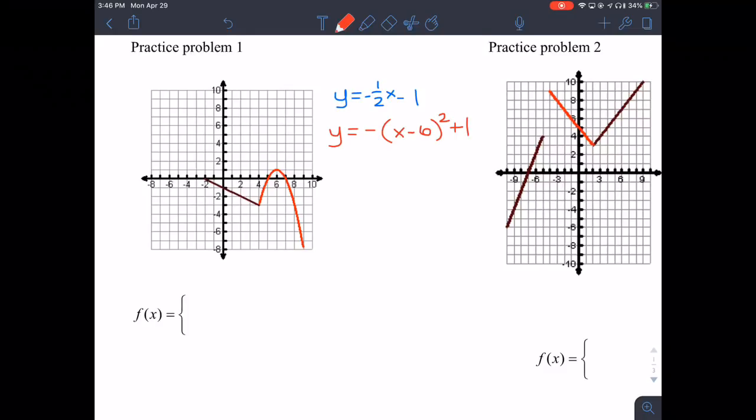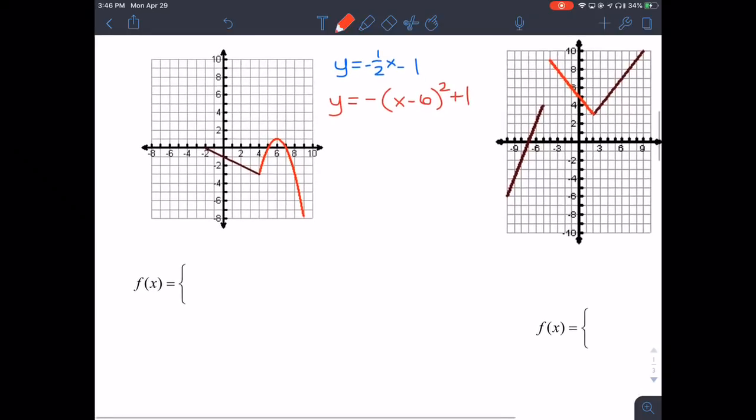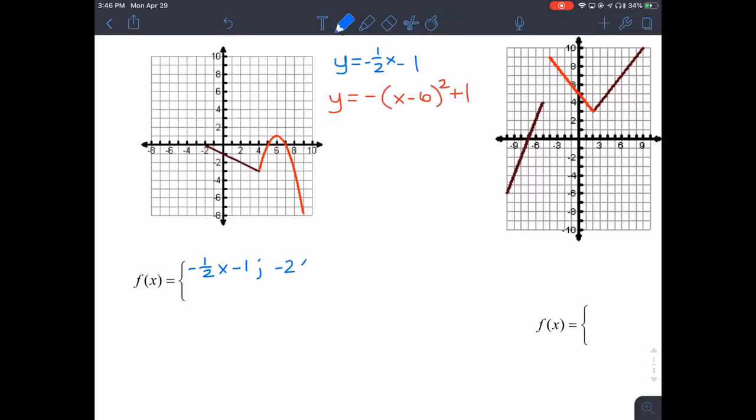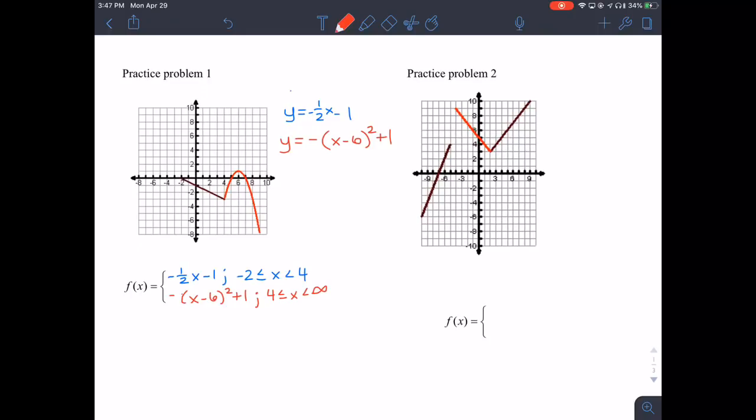Your quadratic should have been y equals -(x minus 6) squared plus 1. Now we can write them in with the domain restrictions. And then you're finished. You can move on to practice problem 2.